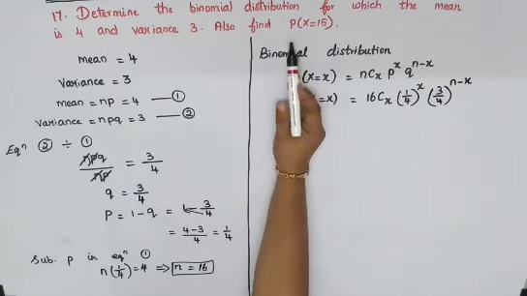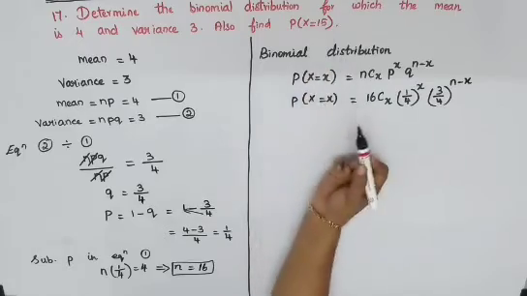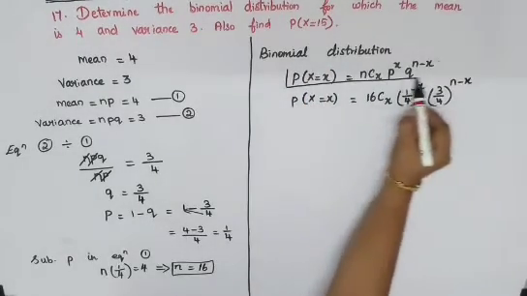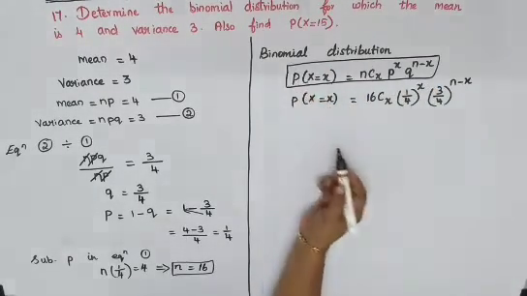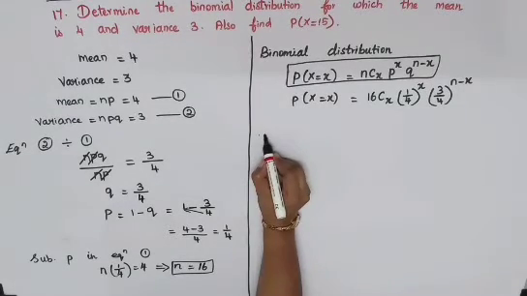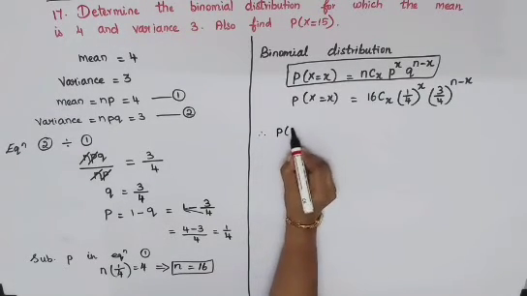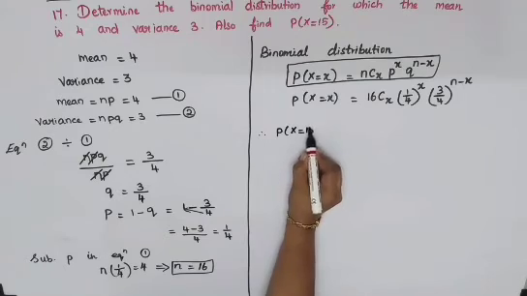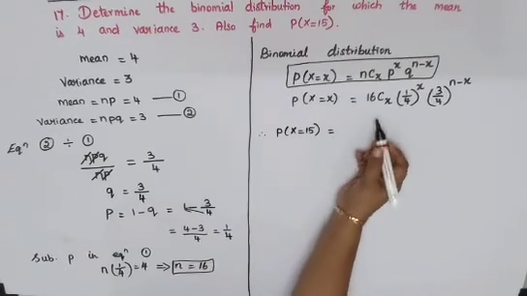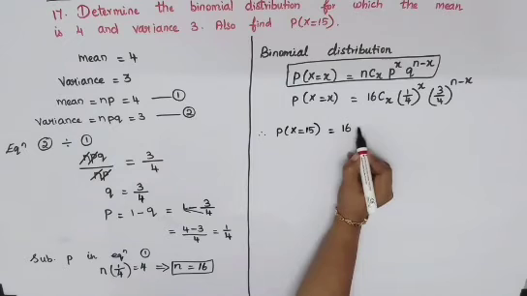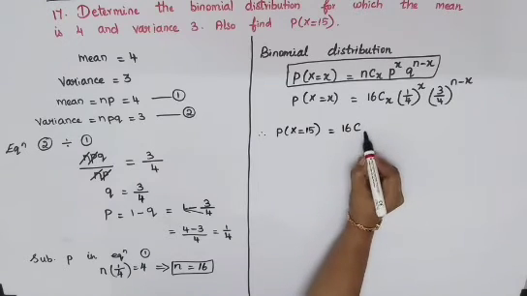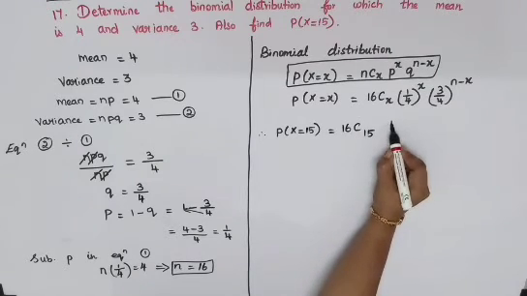Now they have asked you to find P of X is equal to 15. So wherever x is there, put 15. Okay, so in this format. Therefore, P of X is equal to 15, which is equal to 16c, instead of x we'll have to put 15, 1 by 4 power x.